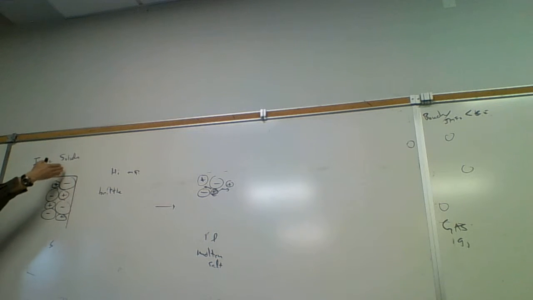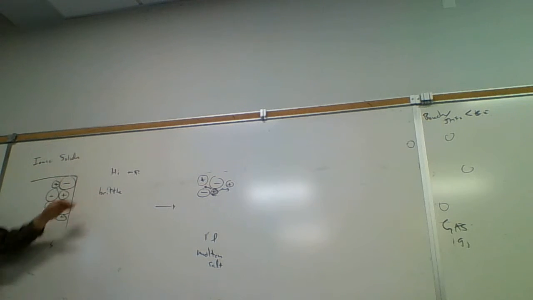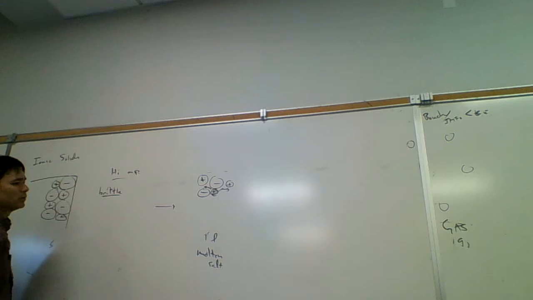If we push down on this column such that the negative ion here is aligned with the negative ion there, and the positive ion here is aligned with the positive ion there, then the negative sees the negative, the positive sees the positive, and they're going to repel each other. And so this whole layer is going to break off. That's cleavage there. That's what causes these to be brittle, but they have high melting points. They have strong bonds, as long as they're in the right orientation.